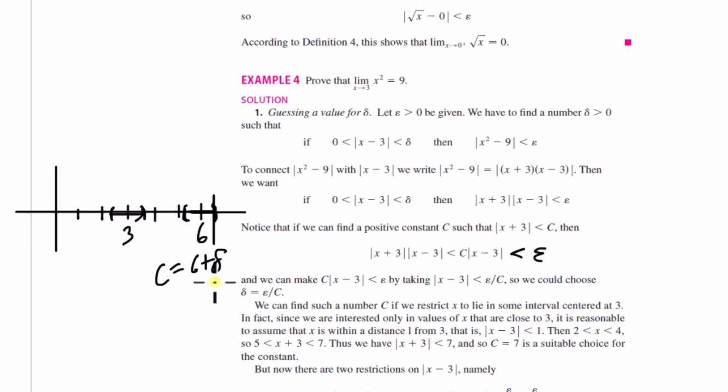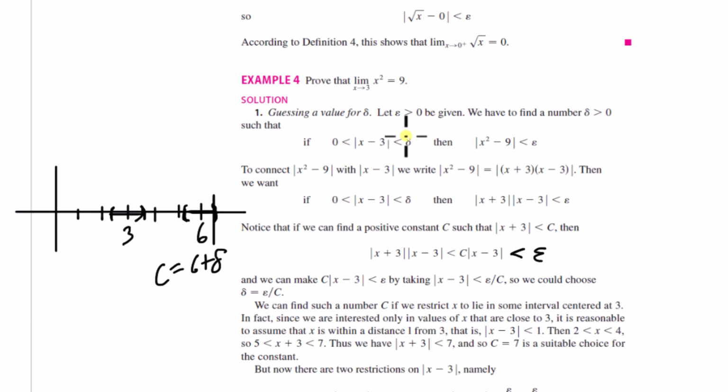Well, actually, let's go through part 2 and the whole formality to show that the limit is proven. So for this limit to be true, the limit as x approaches 3 of x squared equals 9, these two inequalities need to be satisfied simultaneously.